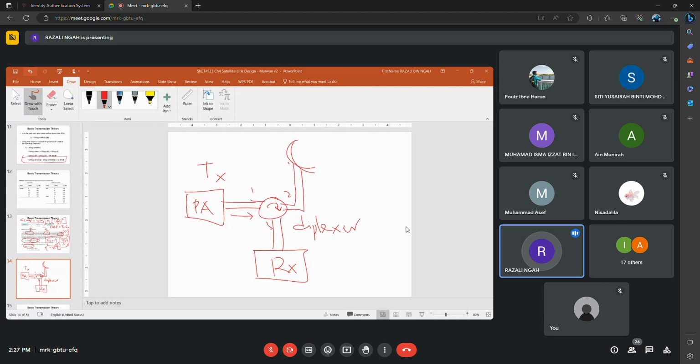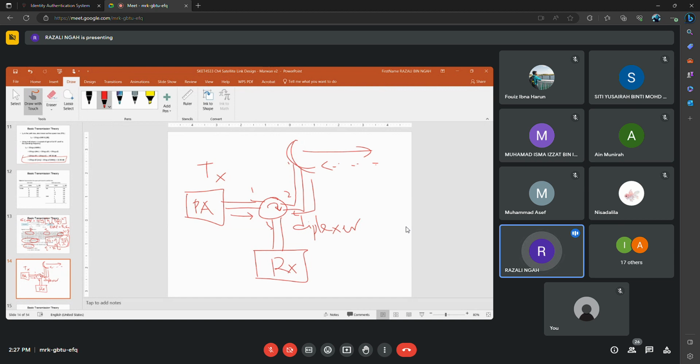From the transmitter, the wave will enter port 1, exit at port 2 and go to the antenna. That is transmitting. For the receiving signal, it will enter at port 2, exit at port 3 and go to the receiver circuit.